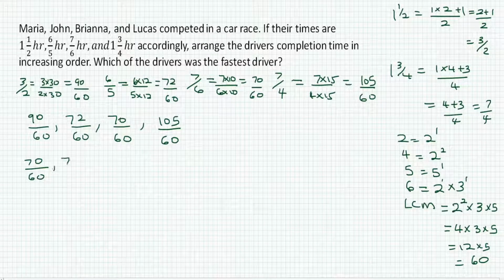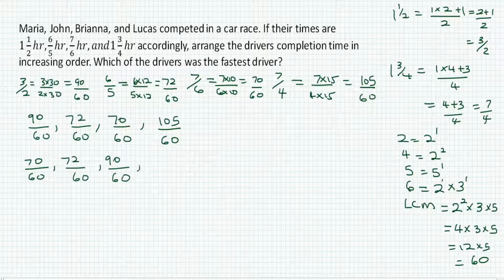Then we have 72 over 60. We have 90 over 60. And then we have 105 over 60. So now let's replace them with the original fractions.